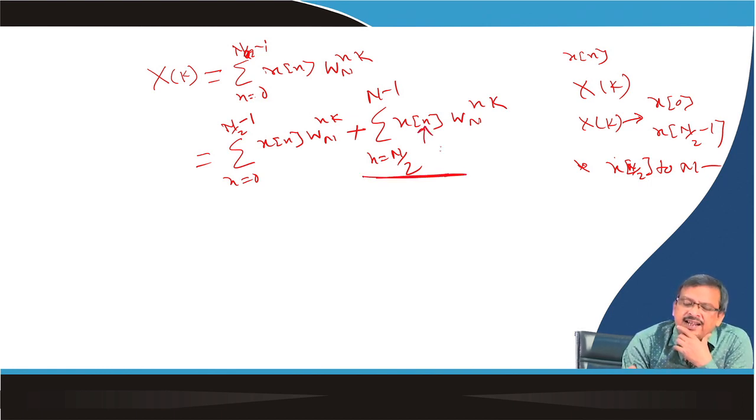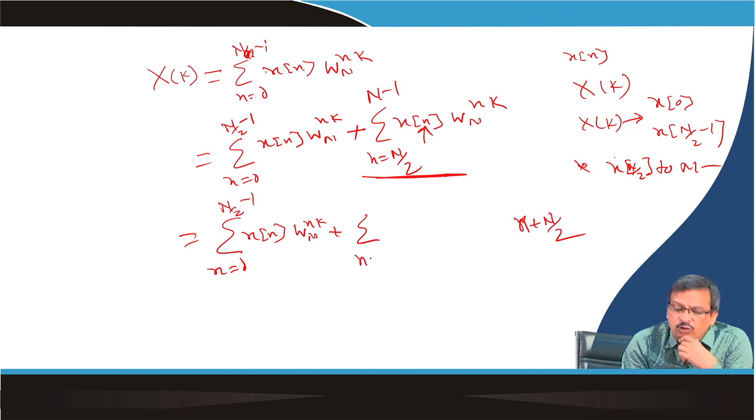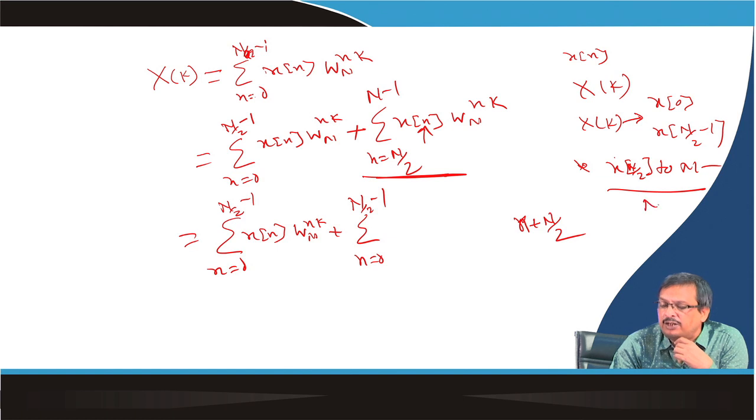Here the index n starts from N by 2. Let us suppose I want to start from 0. The meaning is that instead of index n, I can write n plus N by 2. Then I can rewrite it this way: n equal to 0 to N by 2 minus 1 of x[n] W_N^{nk}, plus n equal to 0 to N by 2 minus 1, because the length of the signal is N by 2.